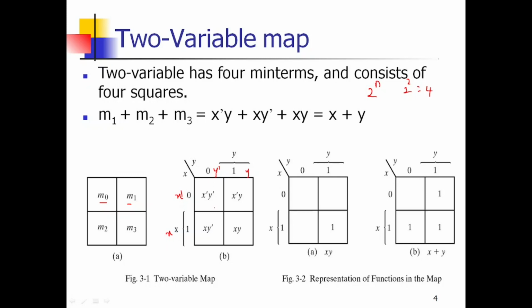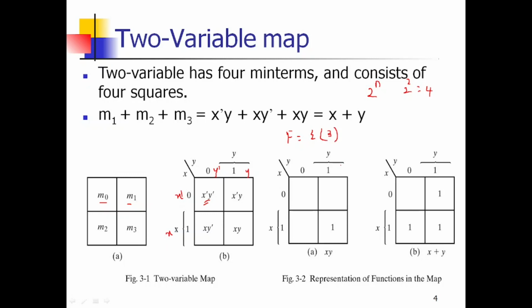What is M0? M0 is the combination of the two variables x dash and y dash. M1 is x dash y, M2 is x y dash and M3 is xy. If we are given a Boolean function for this, the question may be like this: simplify f is equal to summation of 3.